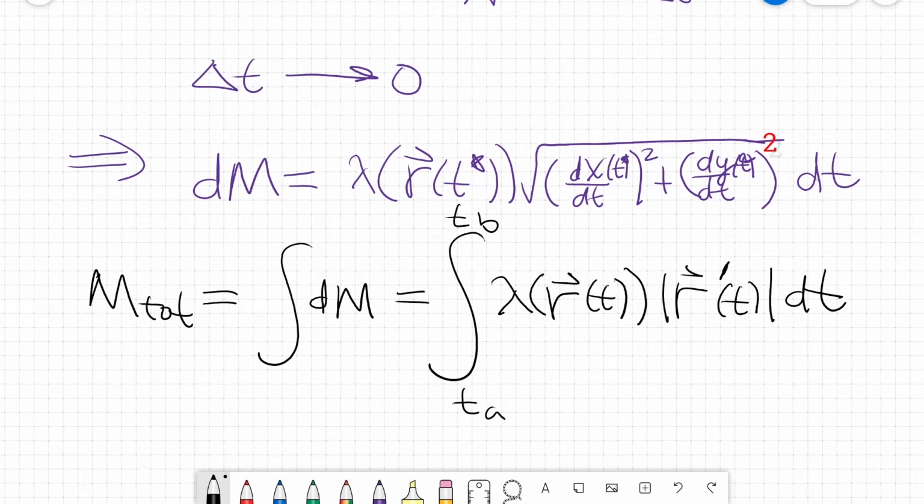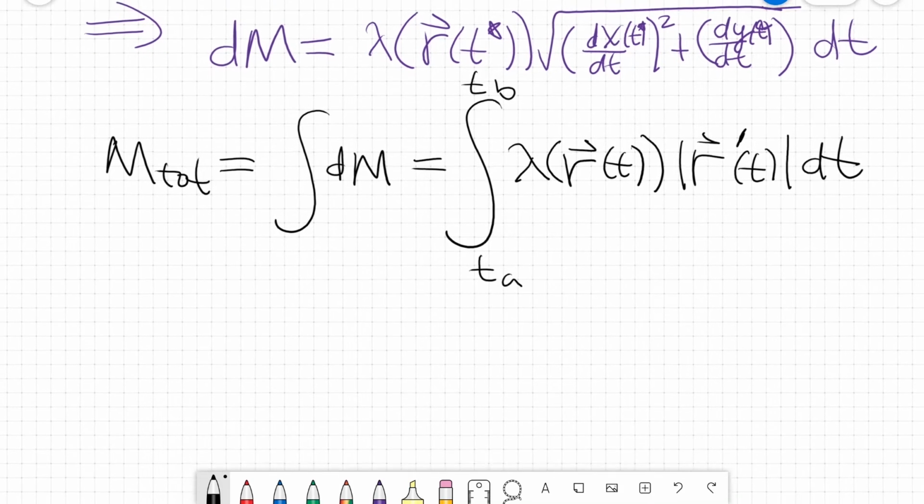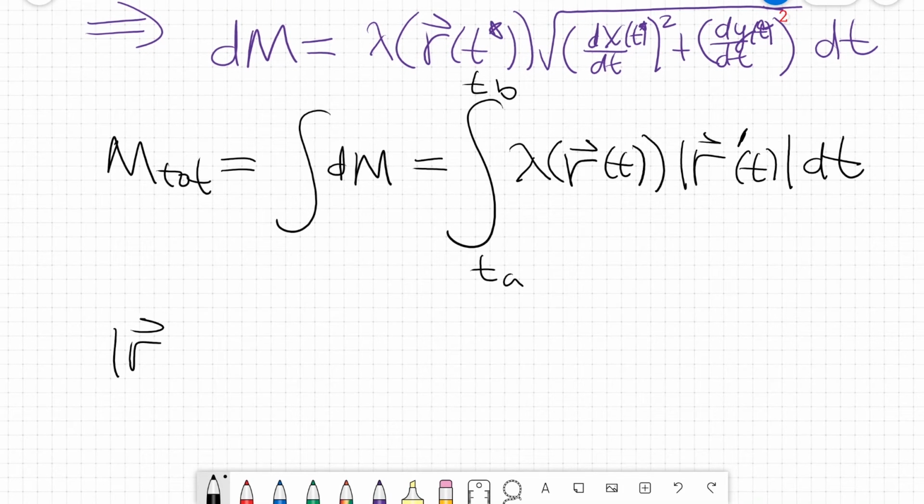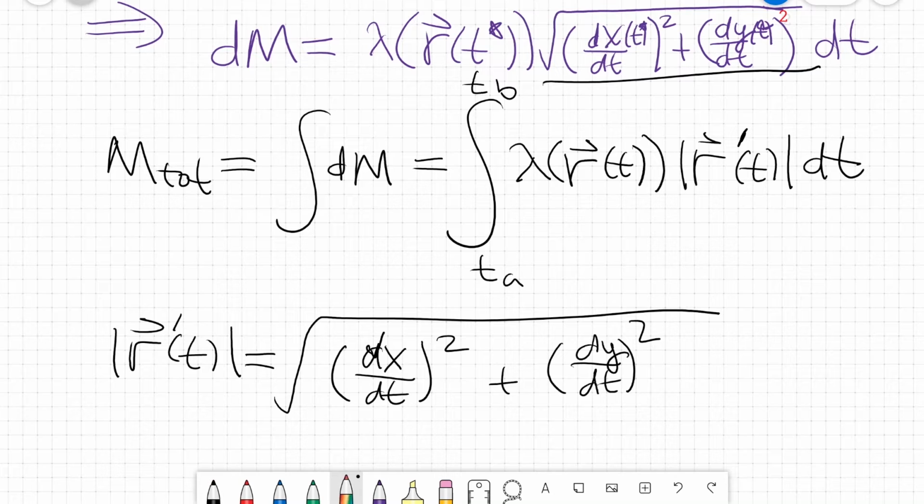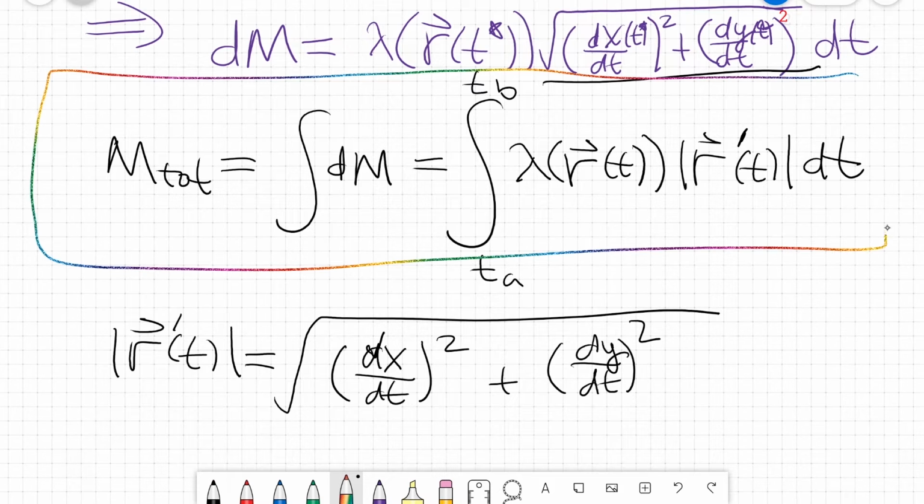Notice here I used different notation, but this is just a simple way to write the fact that that term here is the speed times little time. Here's the formula that we really need. So let's take this formula and apply it to this problem and compute the total mass of the string that we have with the given density that we have.